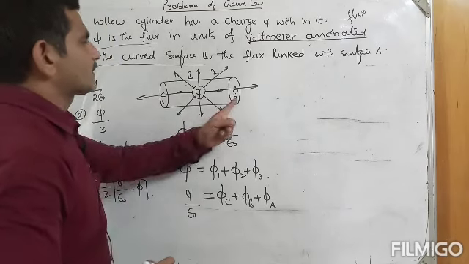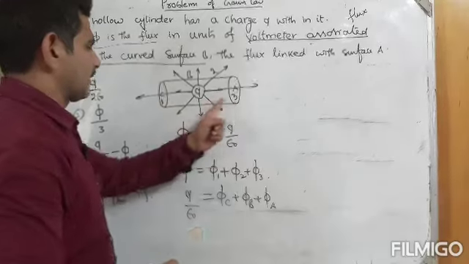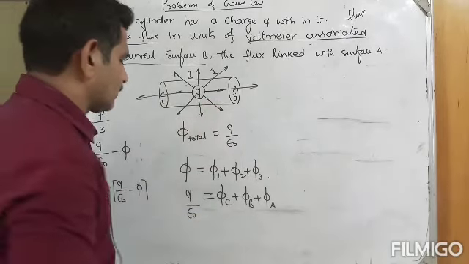If C and A are symmetrical, phi C can be replaced with phi A.